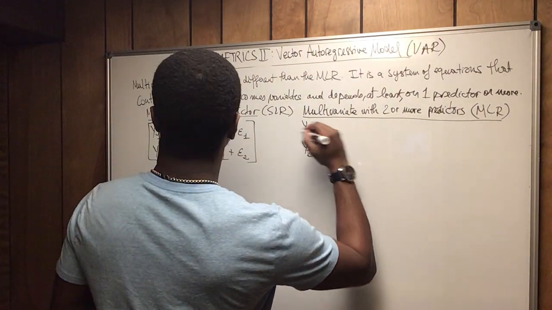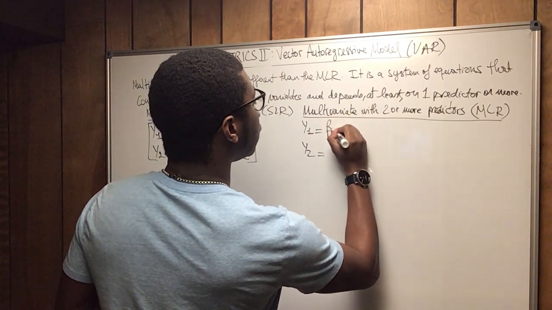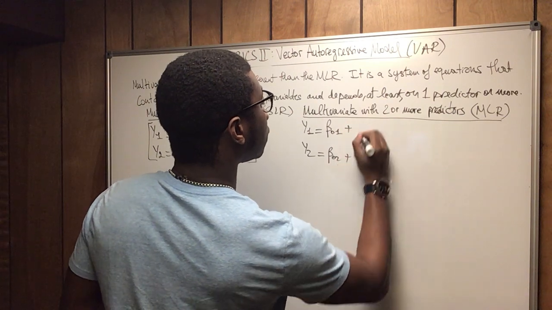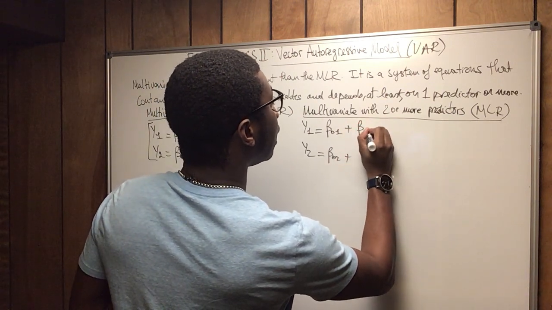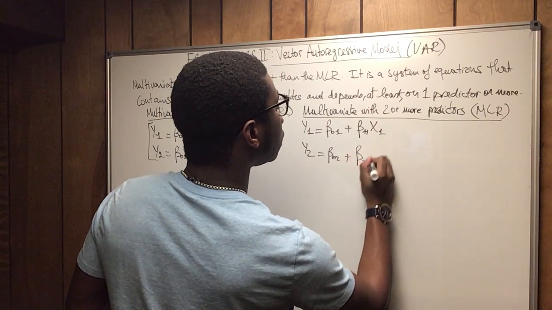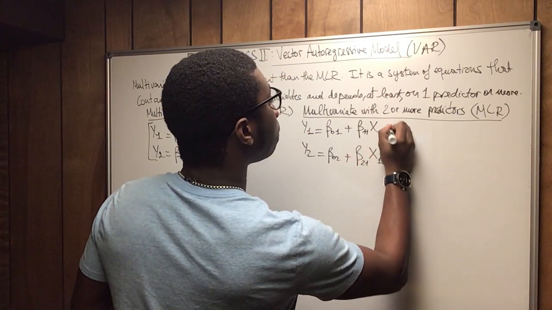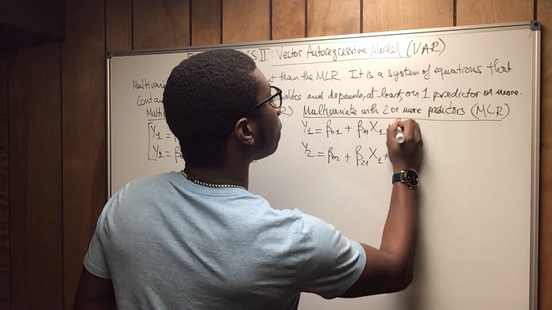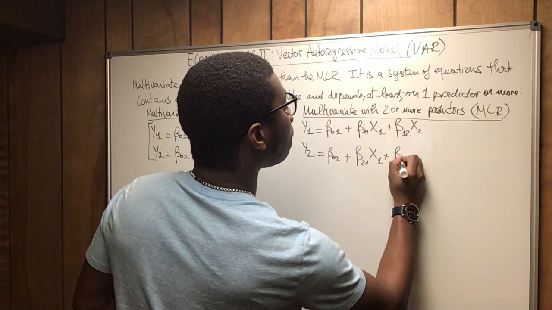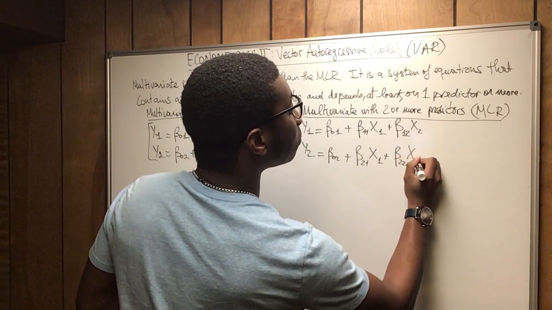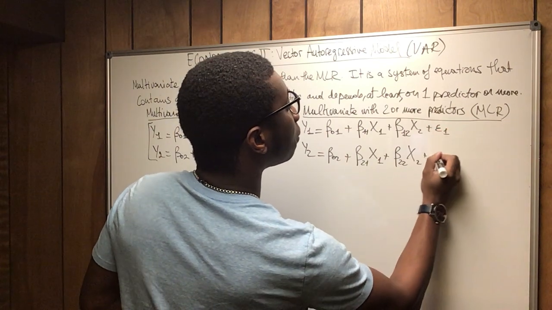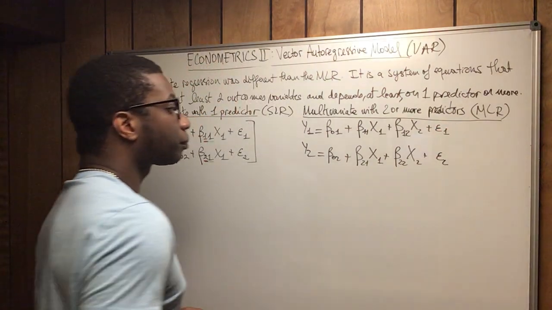We follow the same process: beta 01, beta 02, plus beta 11 times x1, beta 21 times x1, plus beta 12 times x2, plus beta 22 times x2, plus epsilon 1 plus epsilon 2.